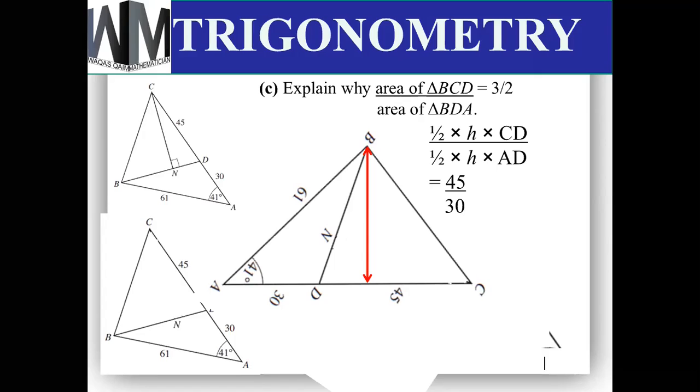So the reason here is both triangles have the same height or common height. That's why the ratio of area becomes equal to the ratio of bases.